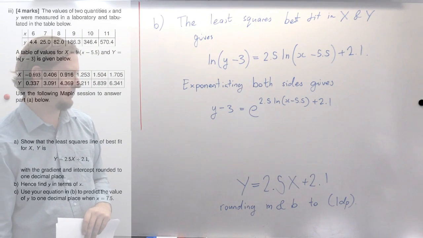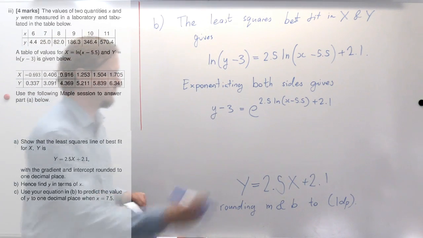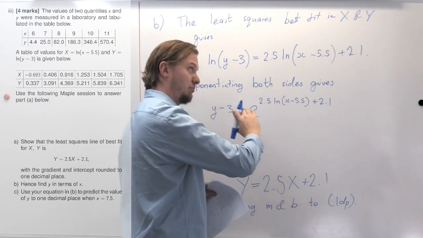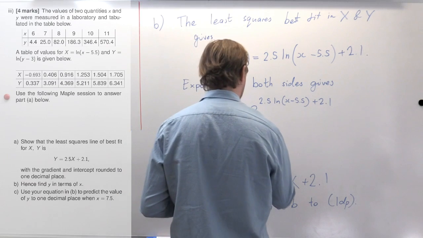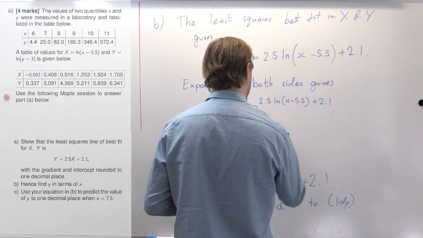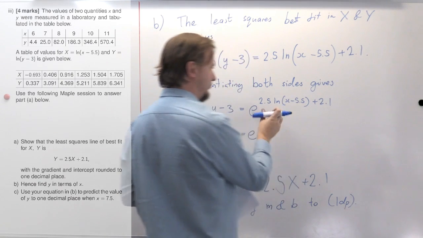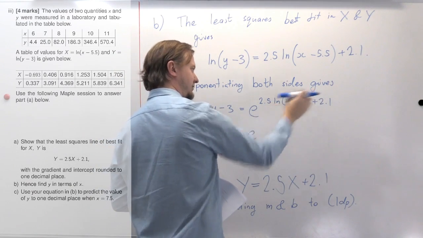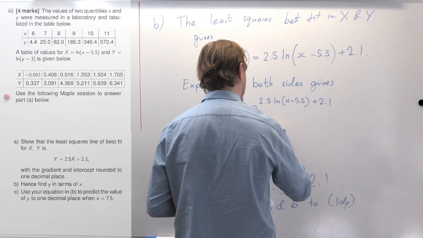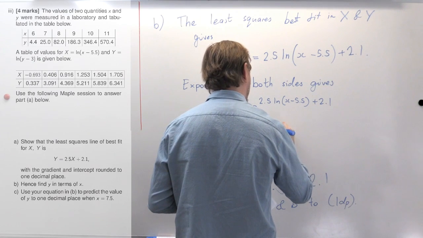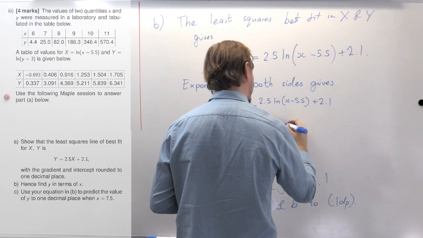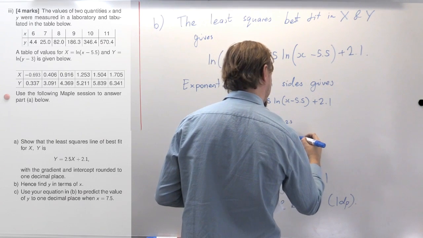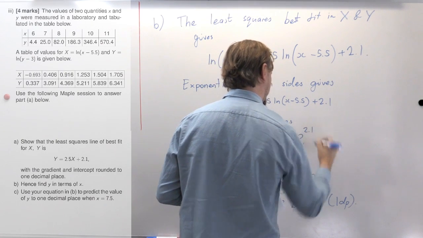Now, to simplify this, the exponential of a product is the product of the exponentials. Also I can use my log law to pull this in up here, so this is 2.5 up here. So it's the exponential of log of x minus 5.5 to the 2.5, and that's multiplied by the exponential of 2.1.